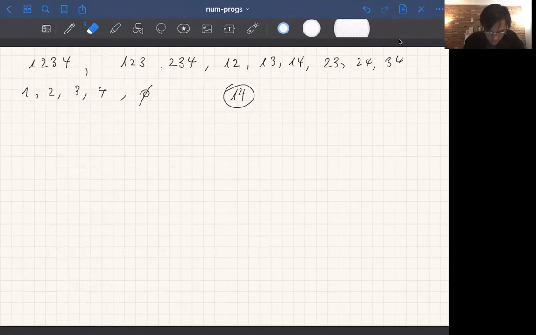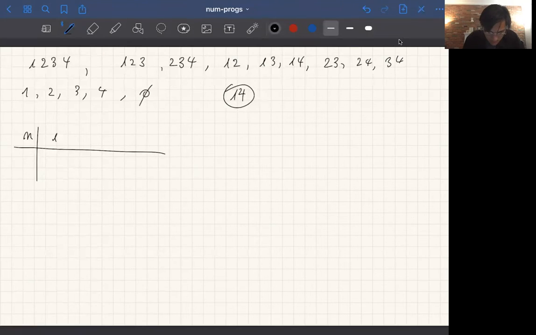So if we write n, say 1, 2, 3, 4, 5, and we have the number, let's call it a_n, of arithmetic progressions. Well, for the first few n, it's just the same as how many subsets there are of a set of n elements.